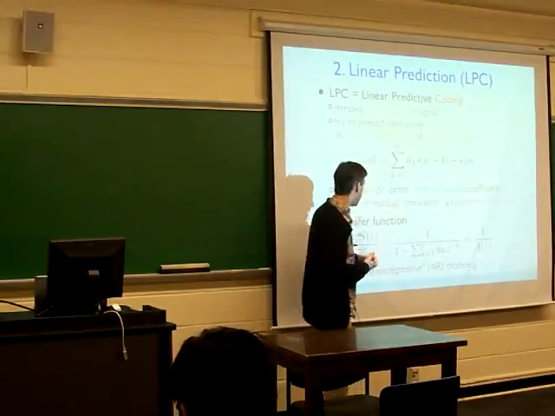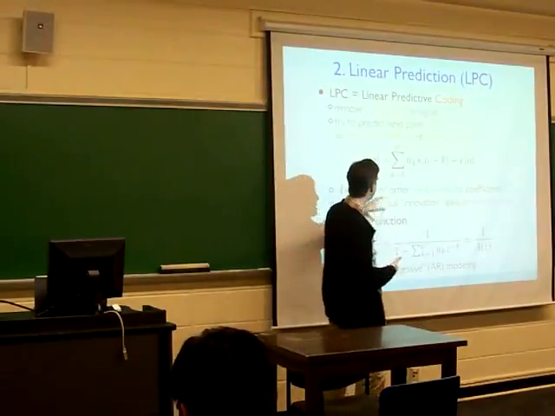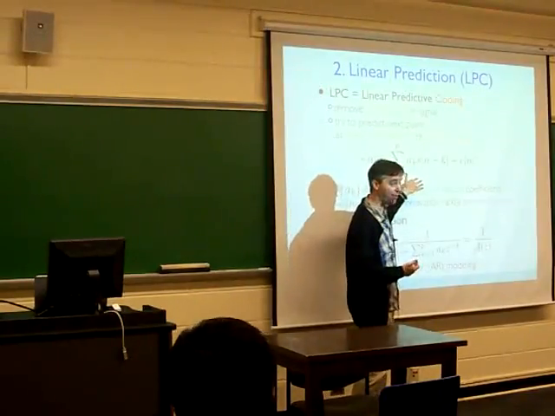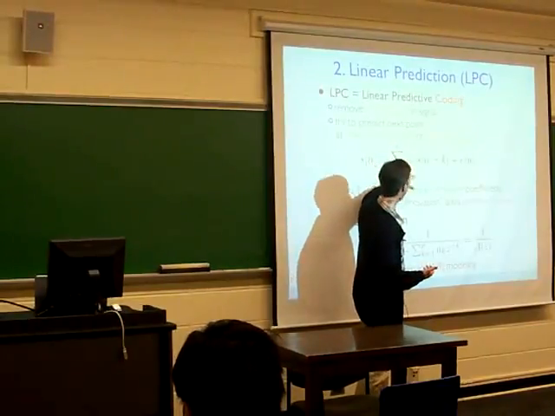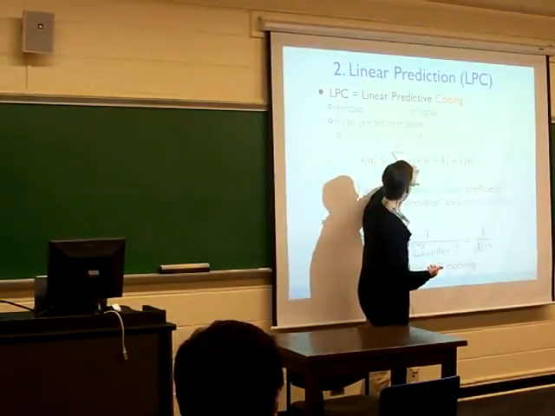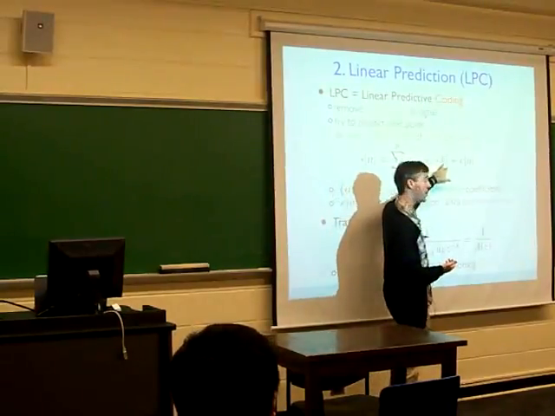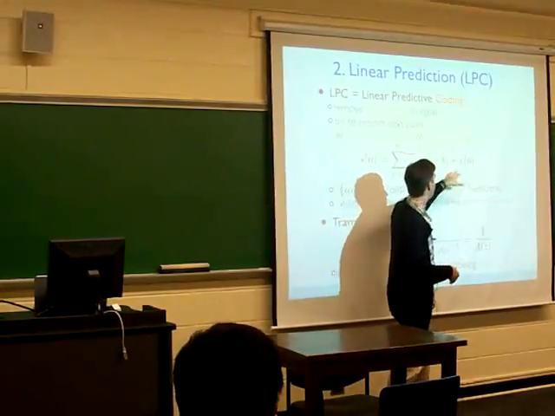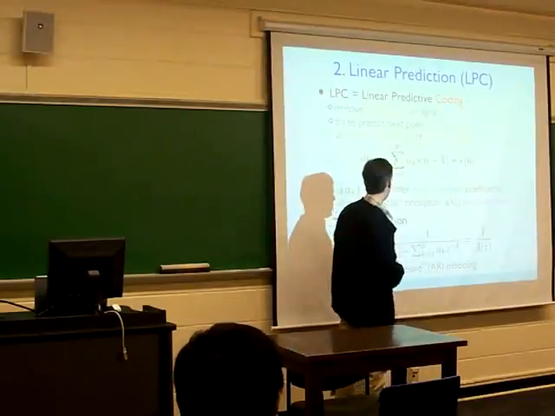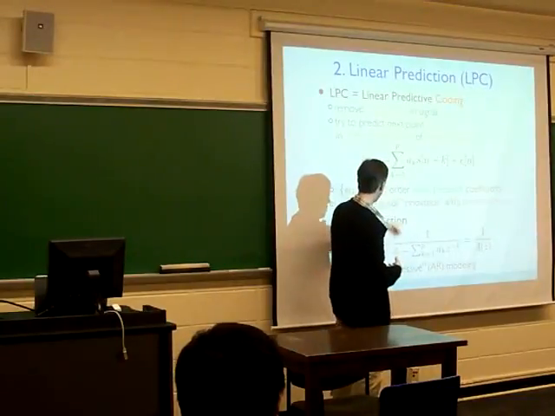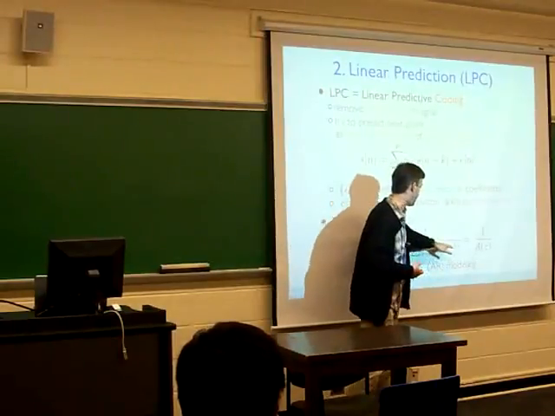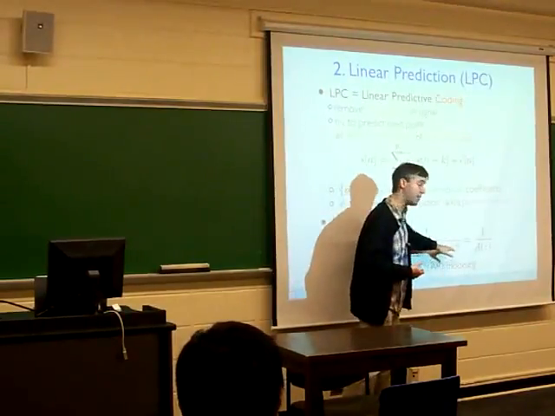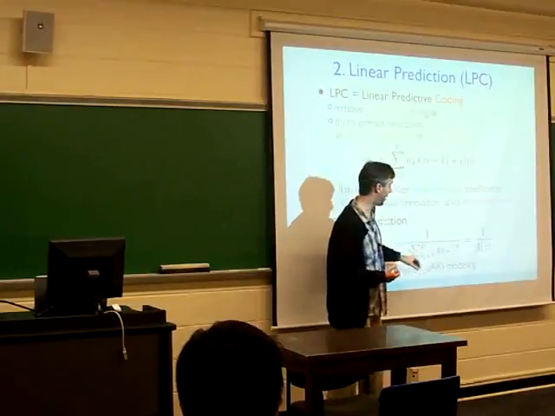But as Binyan showed, when we actually analyze this and take the z transform of the whole thing, we get S(z) equals, since the z transform is linear, the sum of a_k S(z) z^-k, plus E(z). Then we can bring all the S(z) terms onto one side, and we end up with a transfer function that is a single finite order polynomial in z.